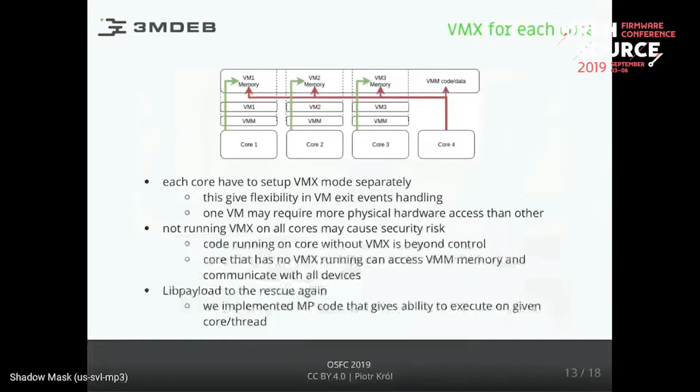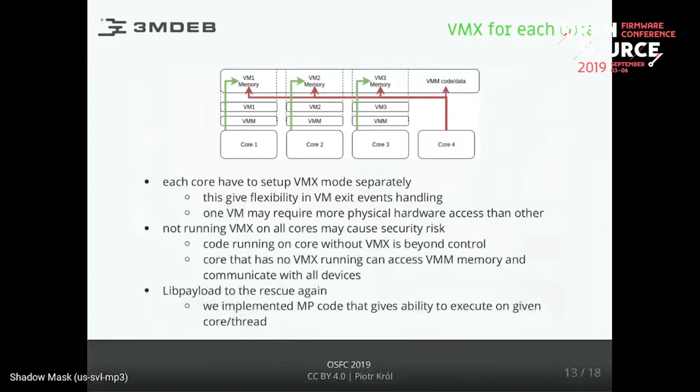Another problem that we faced was that VMX extensions have to be run on all cores, because if one of the cores does not run the VMM, then some software which is there can corrupt the memory, and we faced that situation.